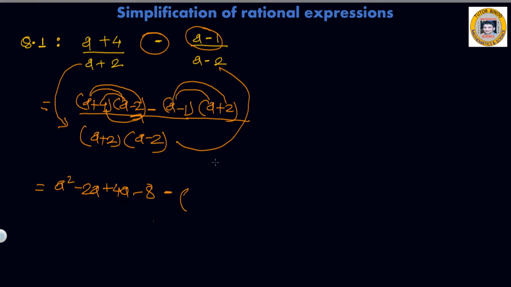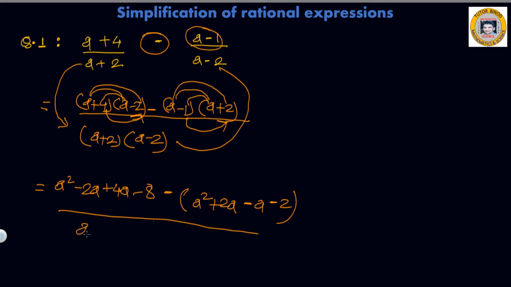So I'm going to write a square plus 2a. Now the term is minus 1. Minus 1 times a is minus a. Minus 1 times 2 is minus 2. And we have the LCM as a plus 2 times a minus 2.